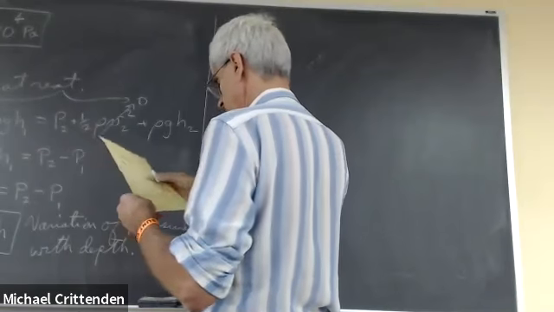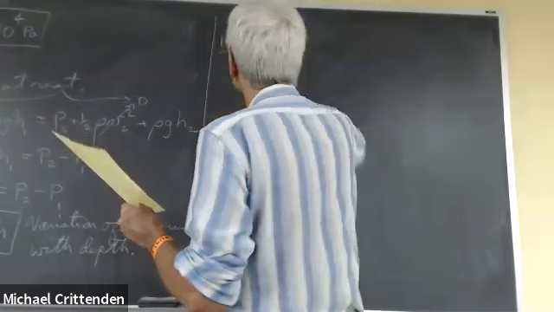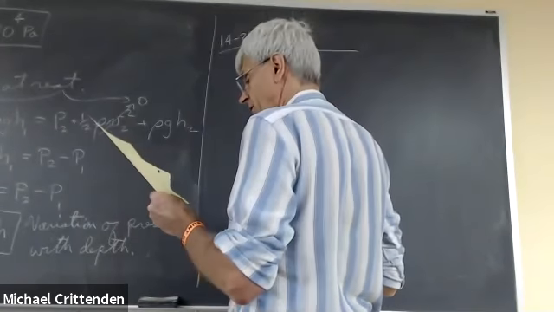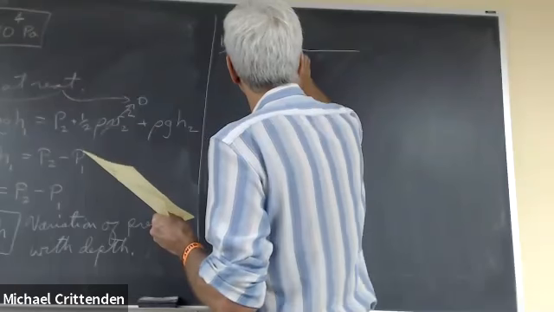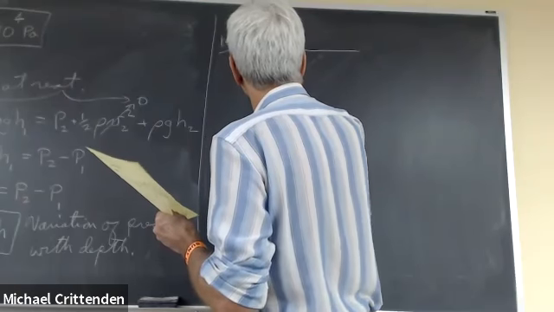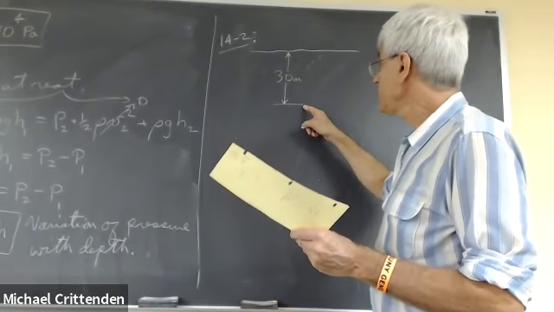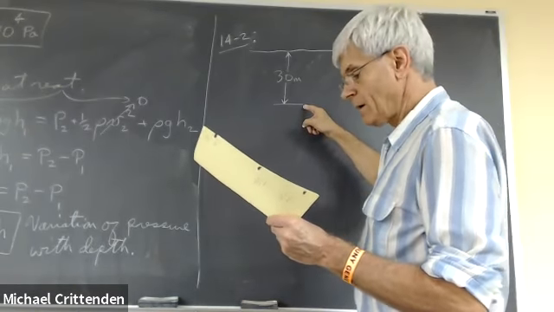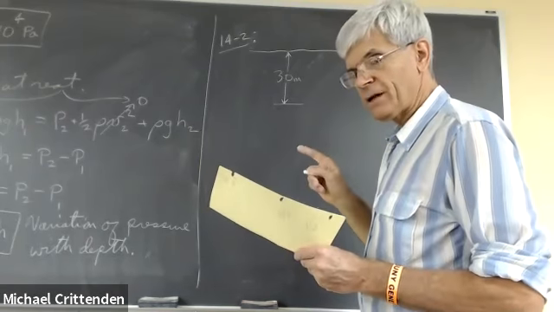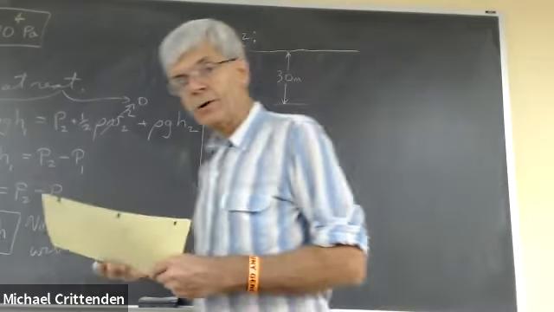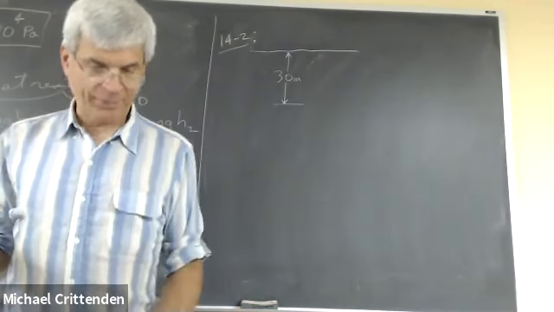I'm going to draw a little picture just to keep everything straight. There's the surface of the lake. The question is asking us about a point that's 30 meters down. Well, here's the thing that might be a little tricky. Normally, when people go out in a boat, they talk about the depth.